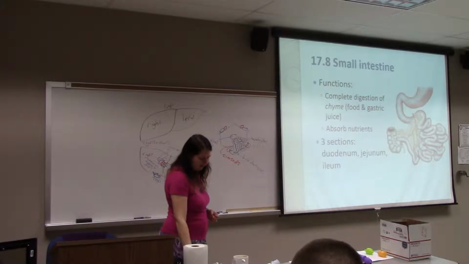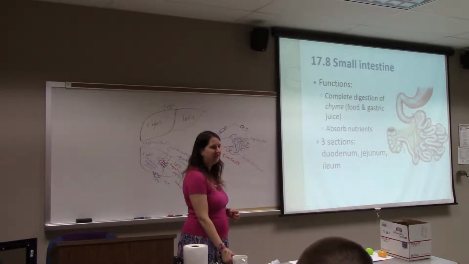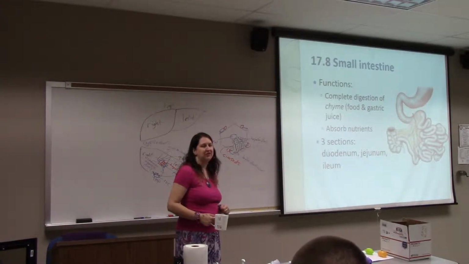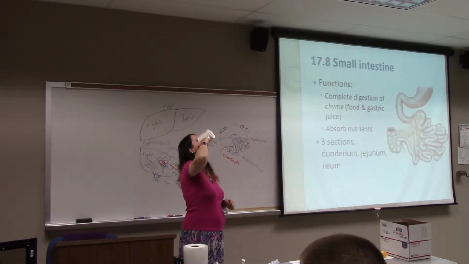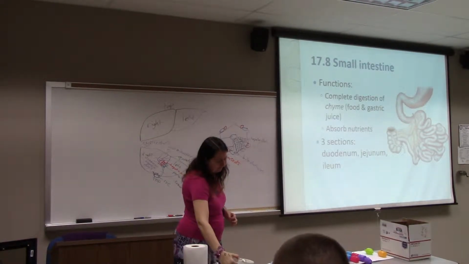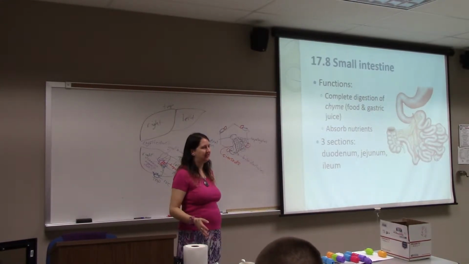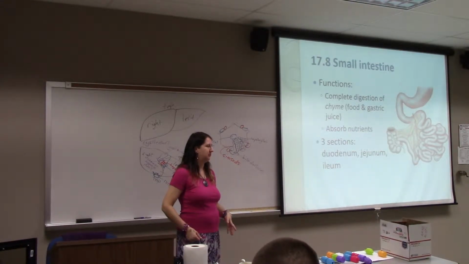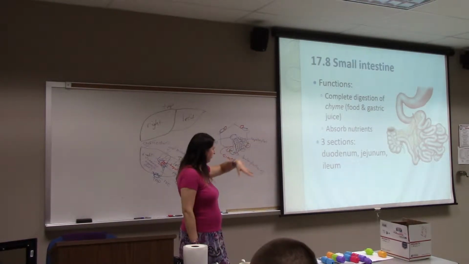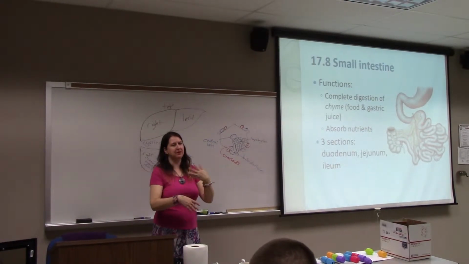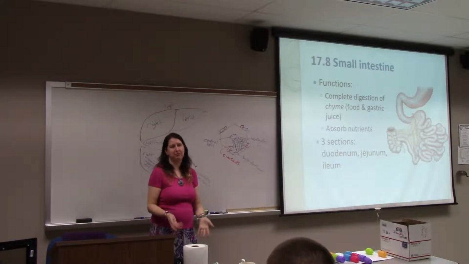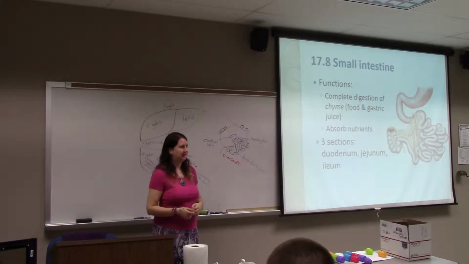All right, that brings us back to the alimentary canal in the small intestine. The small intestine is going to complete the digestion and do the majority of the absorption. Once the food leaves the stomach and it's been combined with gastric juice and partially broken down, it's called chyme.